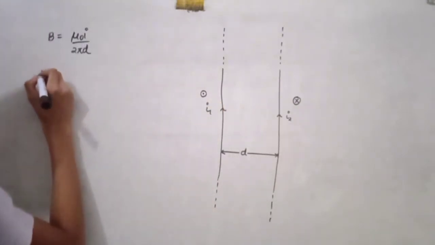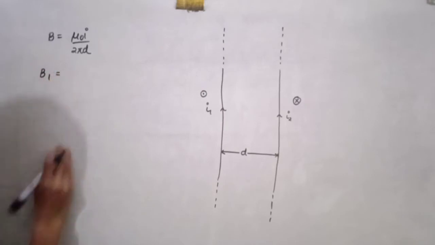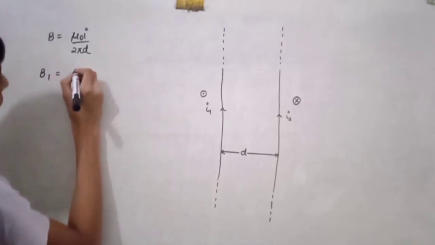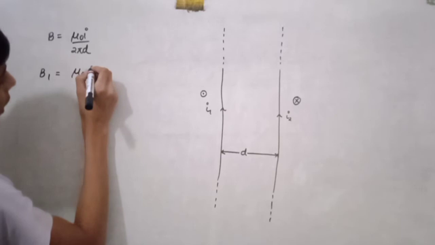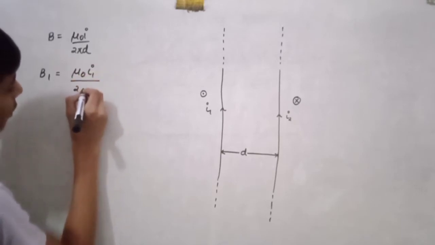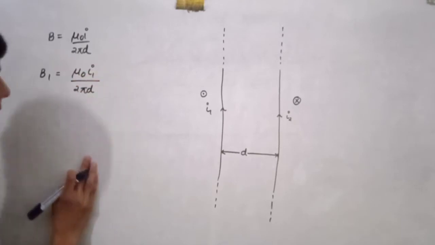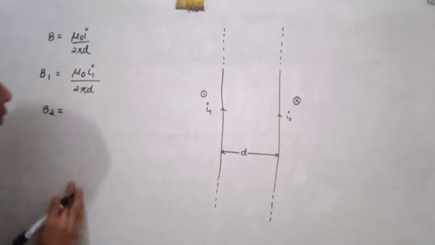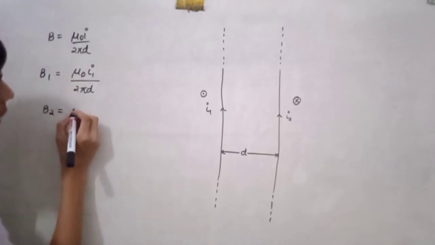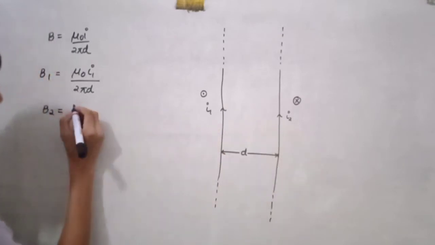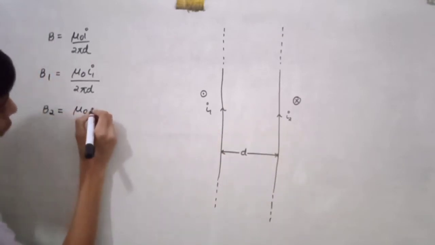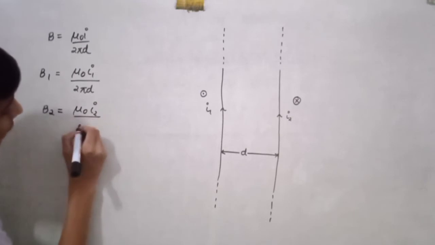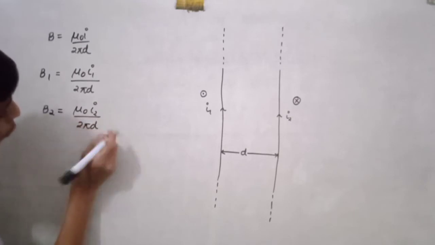So magnetic field of wire 1 is mu naught I1 divided by 2 pi d, and the magnitude of magnetic field due to wire 2 is mu naught I2 divided by 2 pi d.